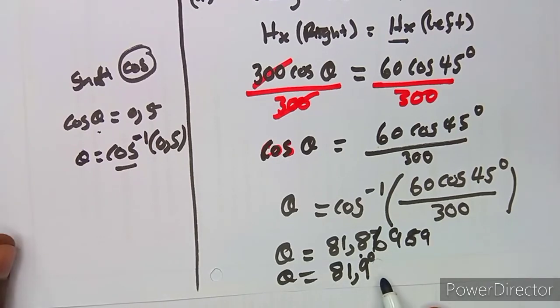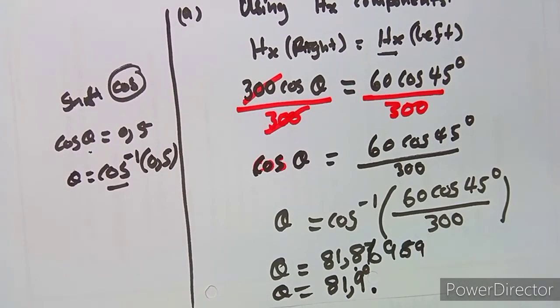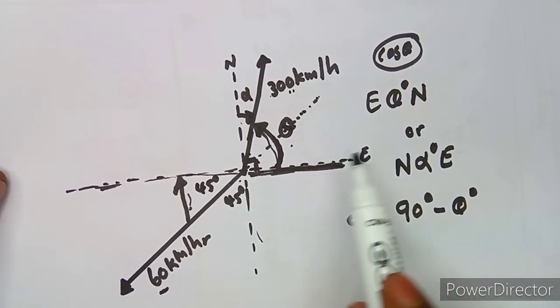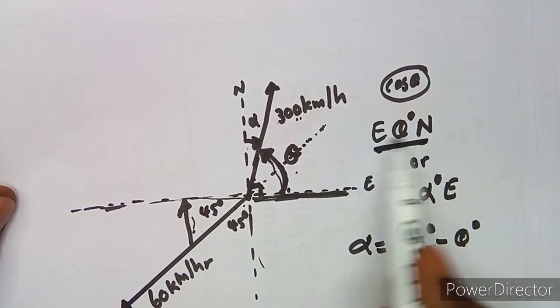What are we going to have here? This is the theta that we needed, and we said from this presentation, the direction is north, east. If you're using theta, it's east theta degrees to the north.